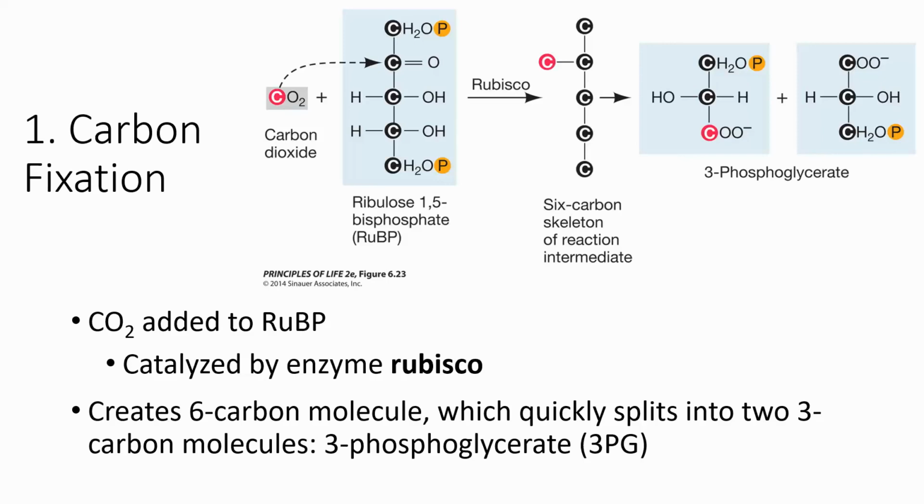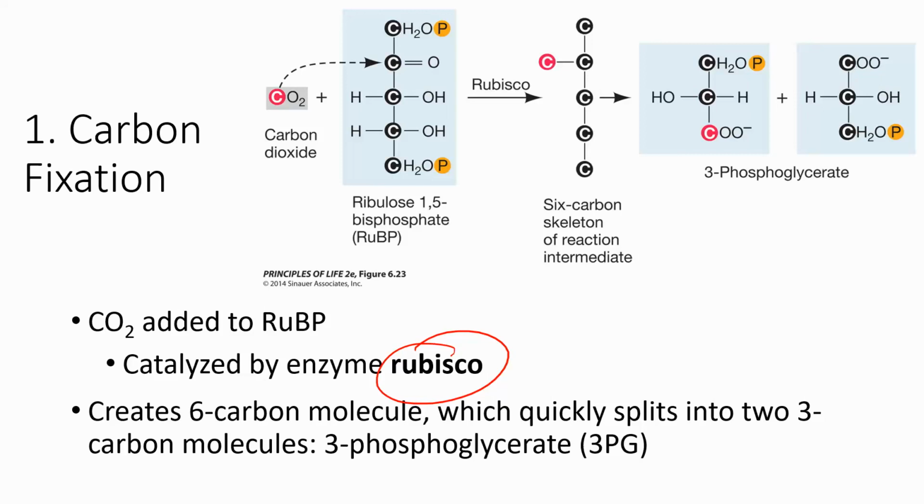The only enzyme you really need to know about is Rubisco. And that's just because Rubisco may be referred to on the test, and it helps to know that it's basically the first enzyme in the Calvin cycle. So it is what adds carbon dioxide into the Calvin cycle.